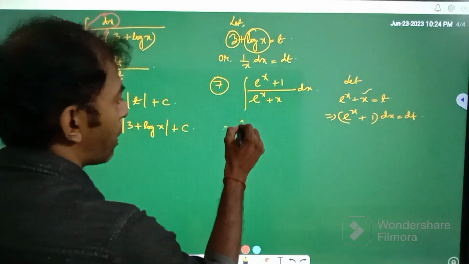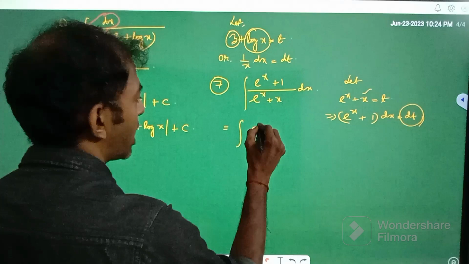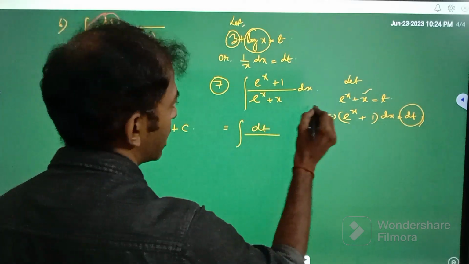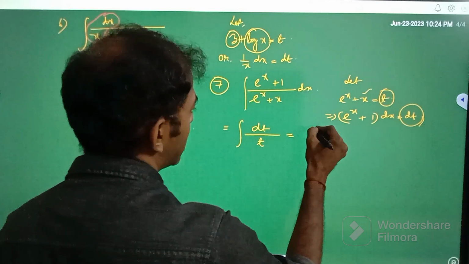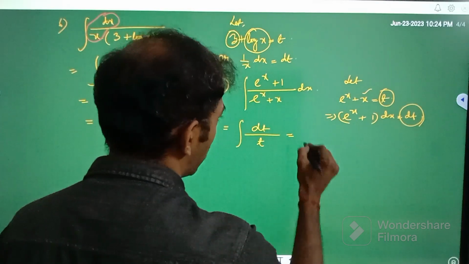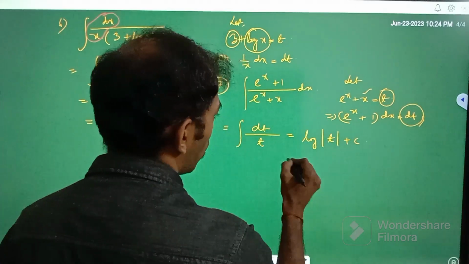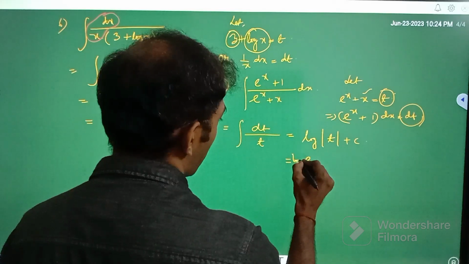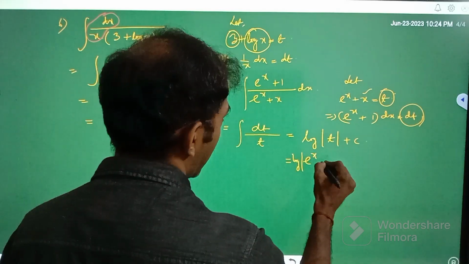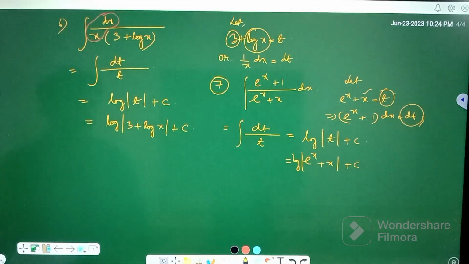So e power x plus 1 into dx will be substituted by dt, and e power x plus x will be substituted by t. So the result will be integration of dt by t, and that will be log modulus t plus c. And we all know that the value of t is e power x plus x, plus c, where c is the integral constant.